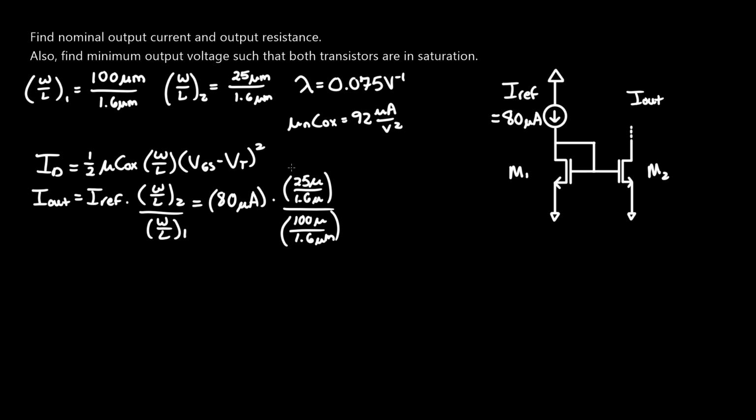You can see that we're going to get 1/4 because these are common terms, and 25 over 100 of the same unit is 1/4, which ends up giving us an output current of 20 microamps, as expected from the beginning.